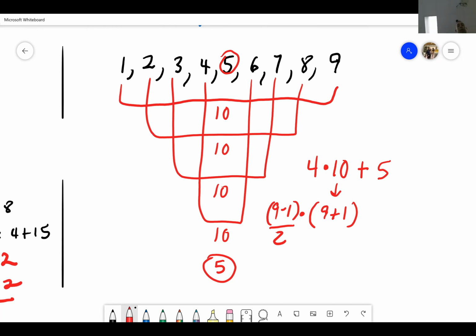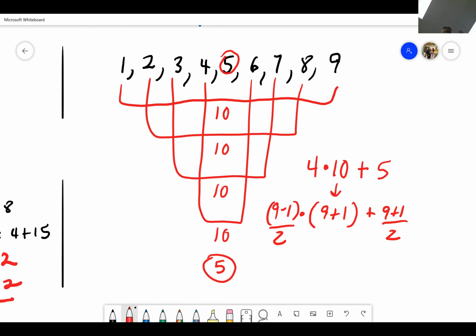Okay, no worries. I can work from outside. So 9 minus 1 divided by 2 times 9 plus 1. And then how will we get the 5? Wouldn't you do 9 plus 1 divided by 2? Right?